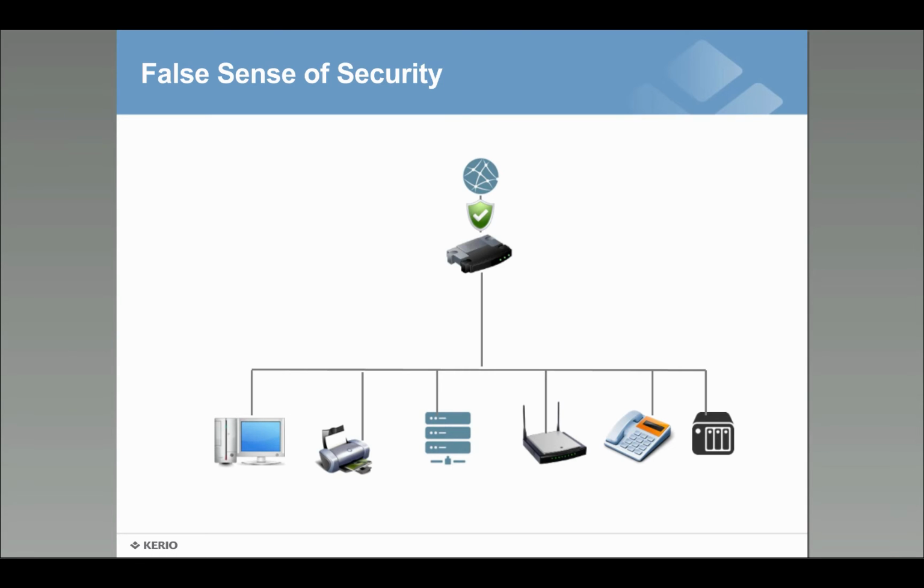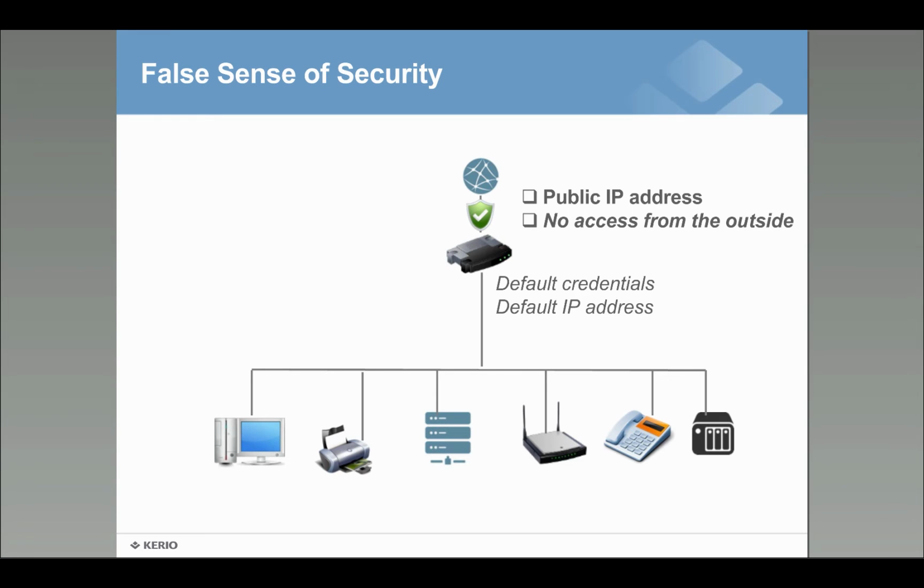Martin. Okay, let's have a deeper look at the details of the situation Marino just described. From outside there is no port listening. Even though you have a public IP address, you're technically invisible to the internet. But inside you have the default credentials, which are known in advance to any attacker.